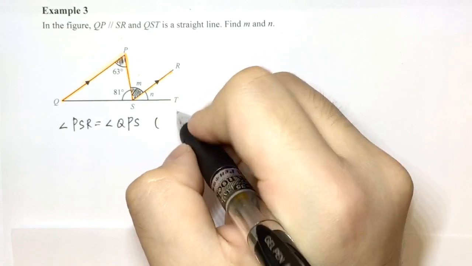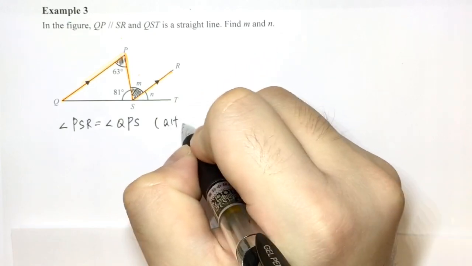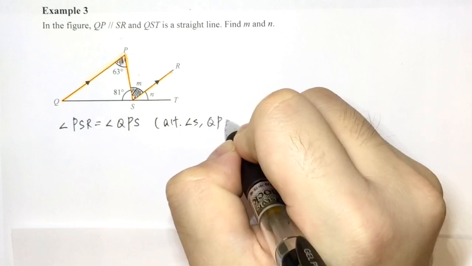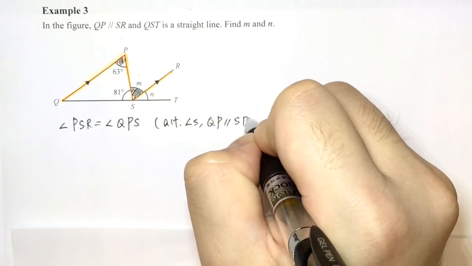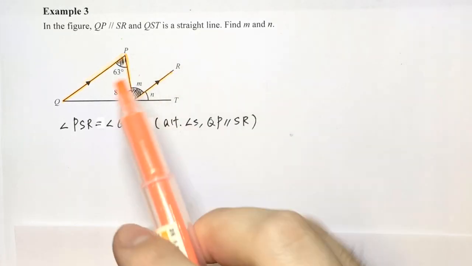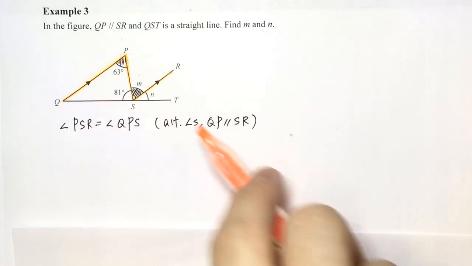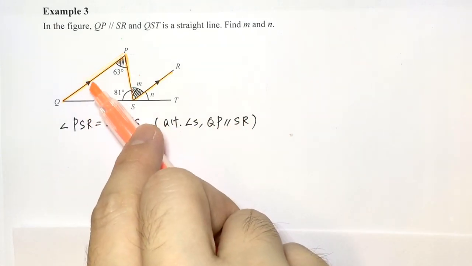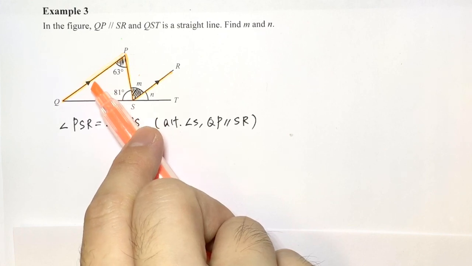The reference is alternate angles under QP parallel to SR. Here, I would like to remind you of one small thing: most of the time we write the parallel sides along the direction of the arrows.